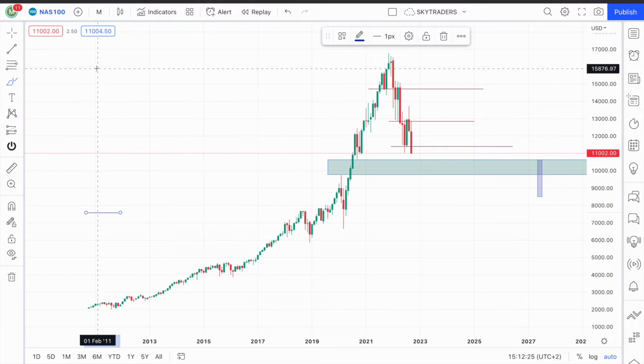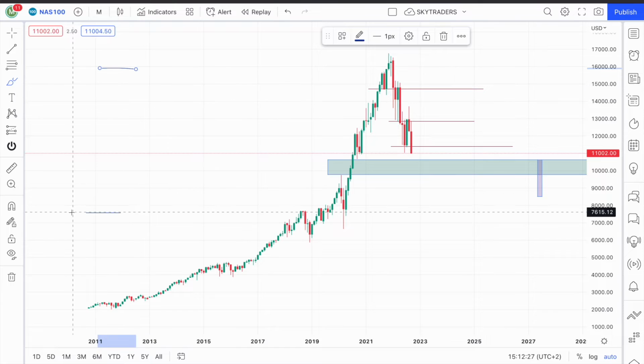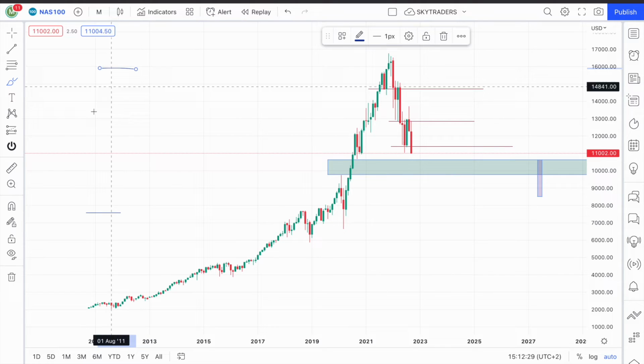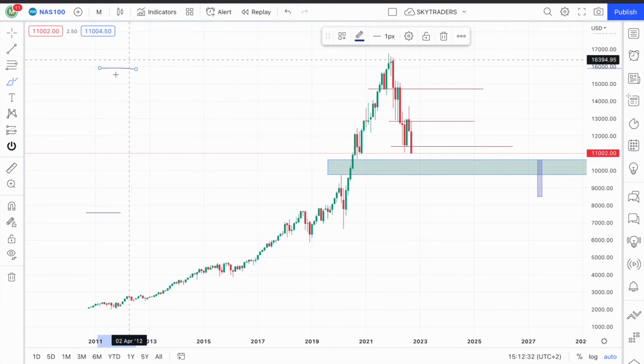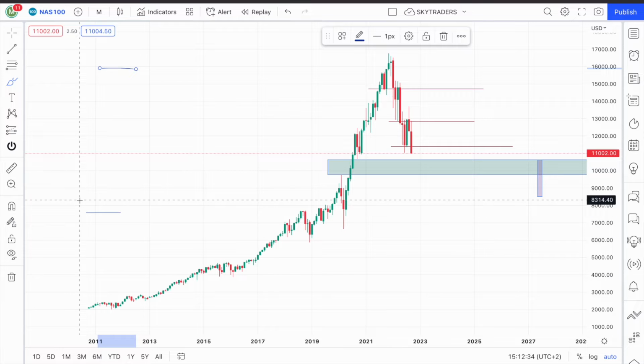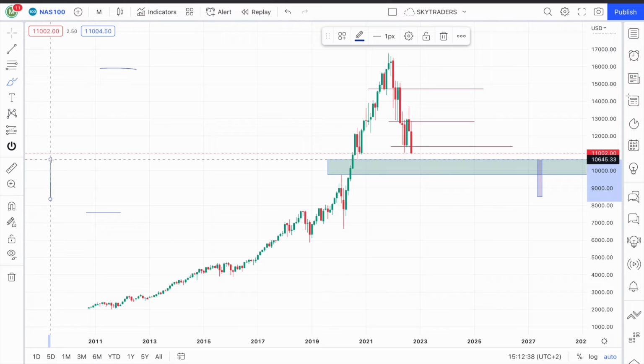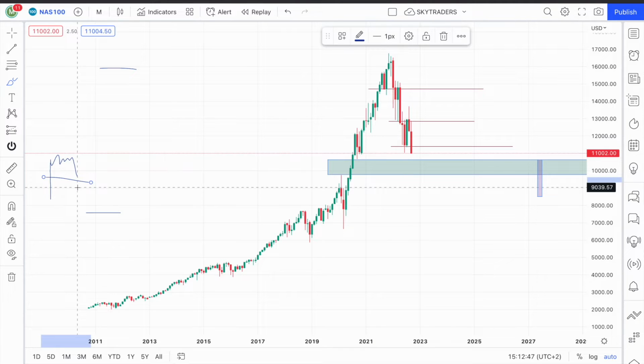If we have 2 price levels and price is trading between those 2 price levels, then we usually see expansion, consolidation, or retracement, and this usually happens to the 50% Fibonacci retracement levels.